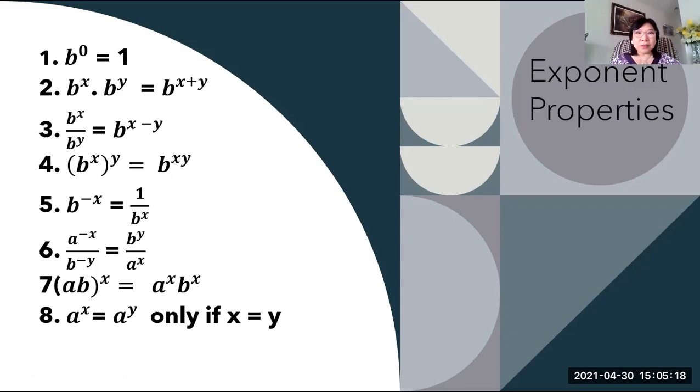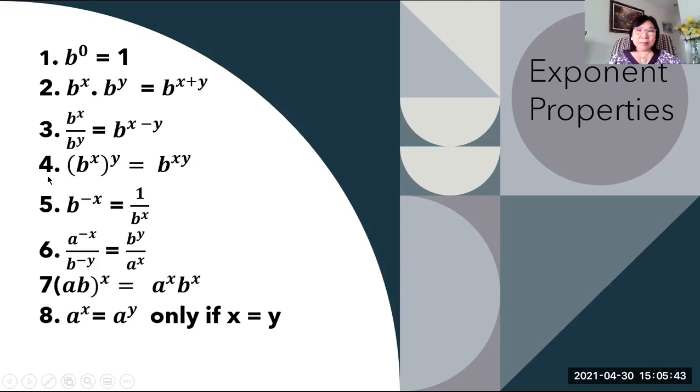Multiplication becomes addition and division becomes subtraction, because with multiplication you make the number bigger and therefore you add. If you divide, you make the number smaller and therefore you subtract the power.